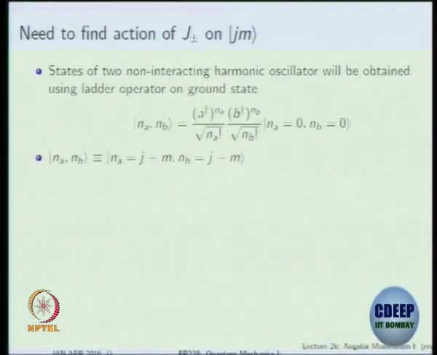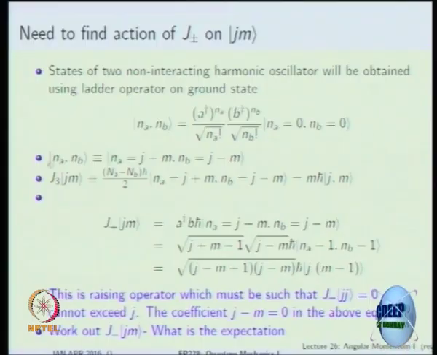So, just to go over it again on the slide. This is what we did, and you can try to write the J3 eigenvalue as M h cross, and then J plus. If you try to do this, you will get Na raised by 1 and Nb decreased by 1, which you can write as J and magnetic quantum number increased by 1.